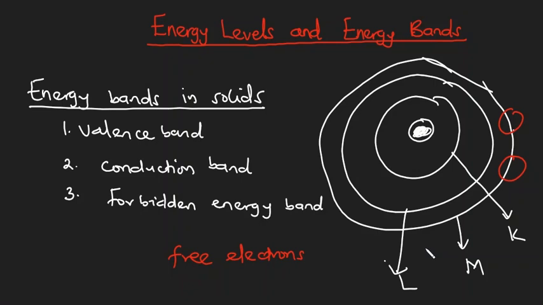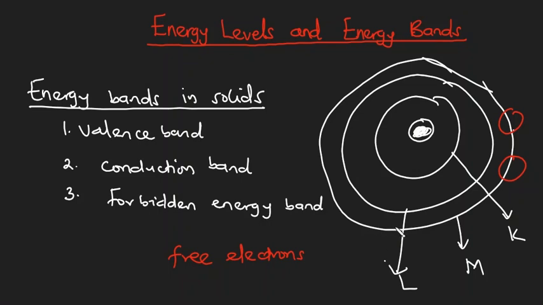So for the valence band, let me consider conductors or semi-metals. Semi-metals are from group 1 to, let's say, group 3. That is, they have one electron in the outermost shell, or two electrons, or three electrons in the outermost shell.